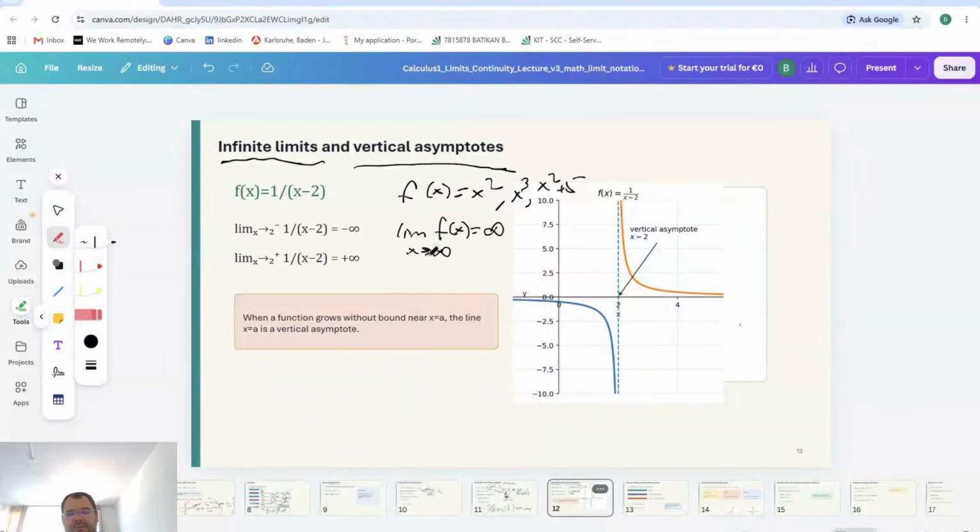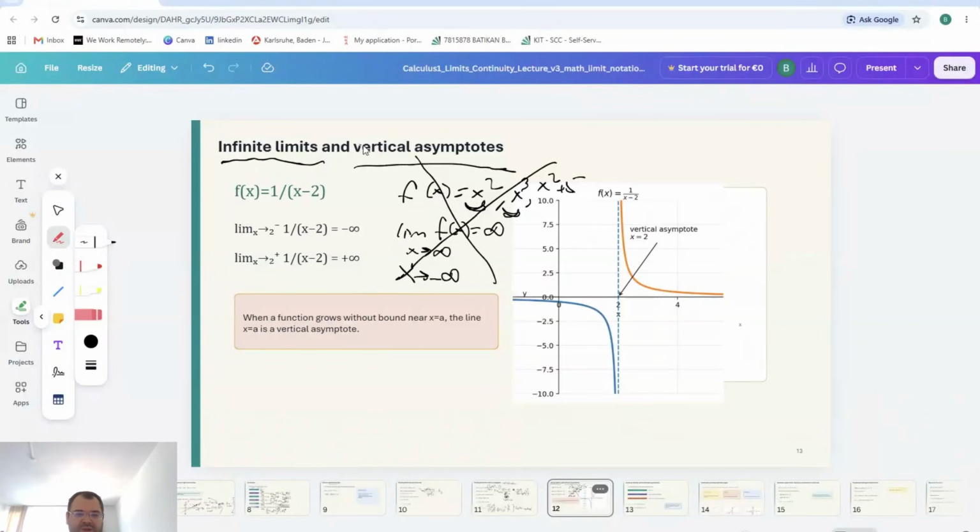Because your x value is not going to a certain constant. It is growing to infinity or minus infinity. It could have been the case that this is going to minus infinity, and in this case it is going to infinity, and in this case it is going to minus infinity. Since they are not approaching a certain constant value, for those kinds of functions we cannot talk about vertical asymptotes.